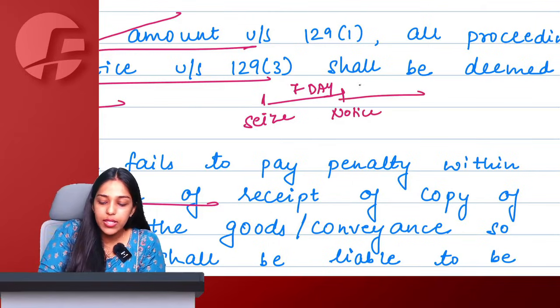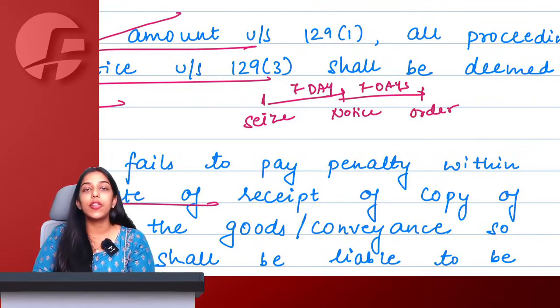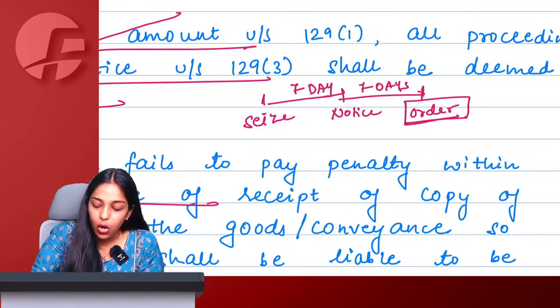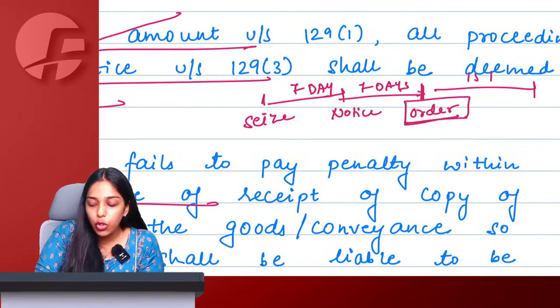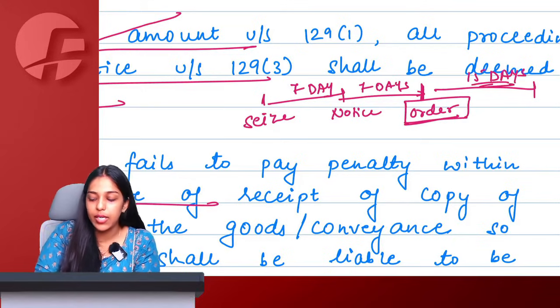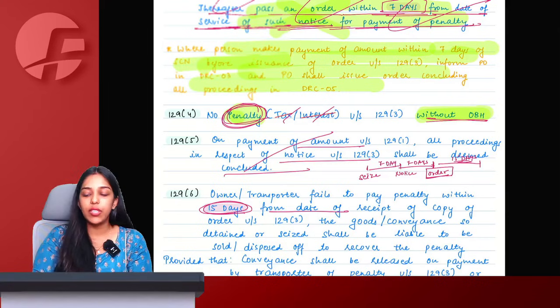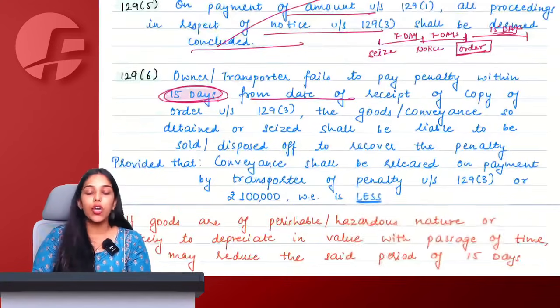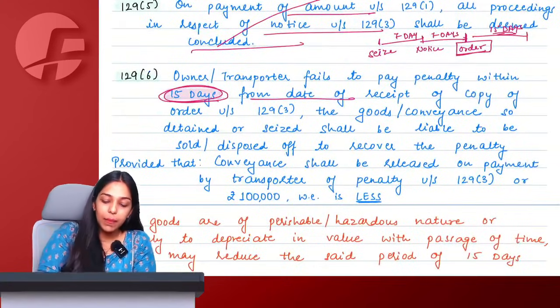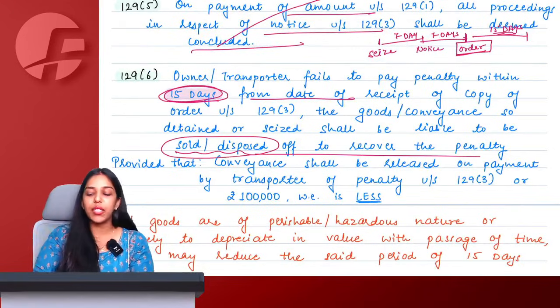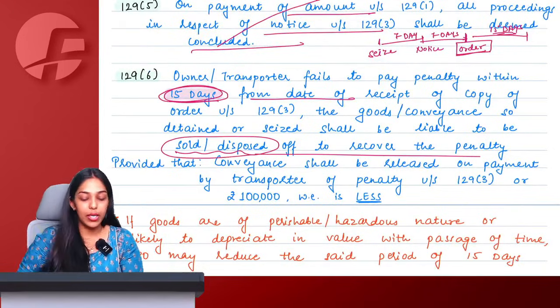From notice, within 7 days, if you are not paying, then finally an order to pay penalty will be given to you. Once you receive the order to pay penalty, you will have to pay the penalty within 15 days. If you are not paying within 15 days, then your goods or your conveyance shall be liable to be sold or disposed of by the proper officer to recover your penalty.